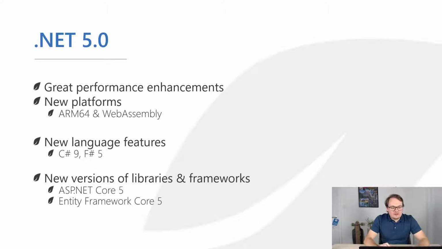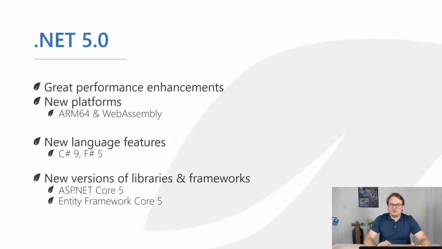There was also a release of new language versions. We have C# 9 and F# 5. So if you are using C#, I am sure that you will love the new features. They are right now available in the latest release of Visual Studio. And also there are a lot of new announcements and new features in the libraries and frameworks we already use now.